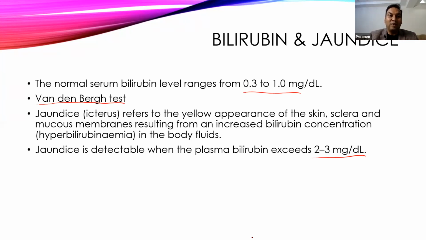That condition we don't call jaundice. How can we differentiate between hypercarotenemia and jaundice? The sclera will not get a yellowish color in hypercarotenemia. It is only the skin which gets yellowish coloration. And clinically observable jaundice appears only when the bilirubin concentration goes above 2 to 3 gram percent.